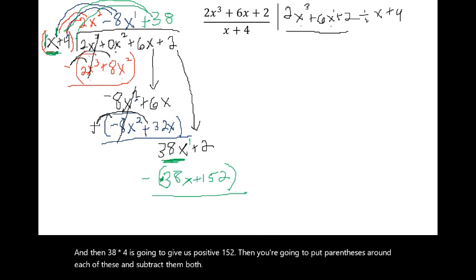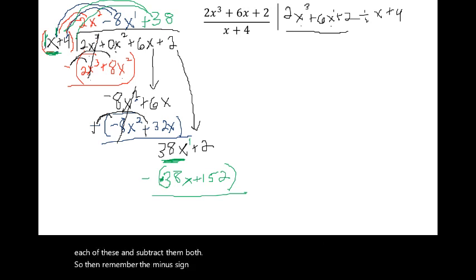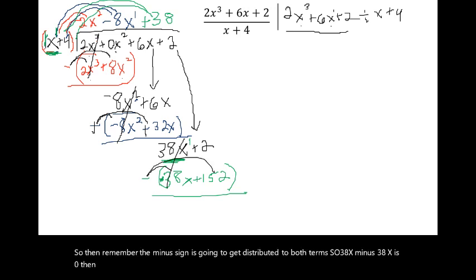So then remember, the minus sign is going to get distributed to both terms. So 38x minus 38x is 0. Then 2 minus 152. So 2 minus 152 is going to give us negative 150.